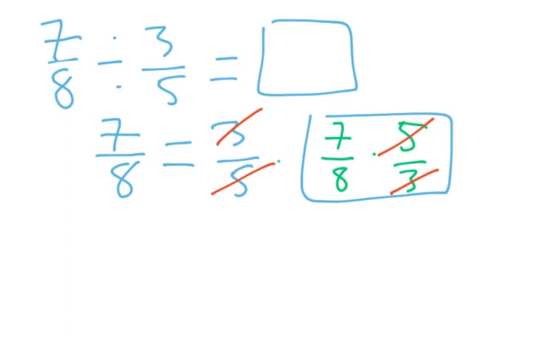So basically, by putting the 7/8 times this fraction flipped over, that is what would go in the box to make this true.